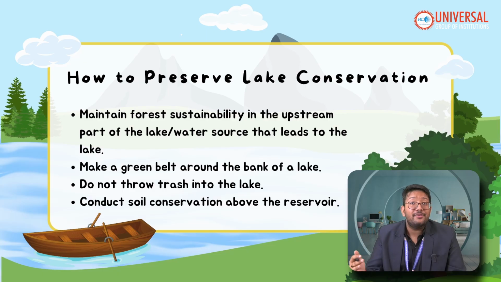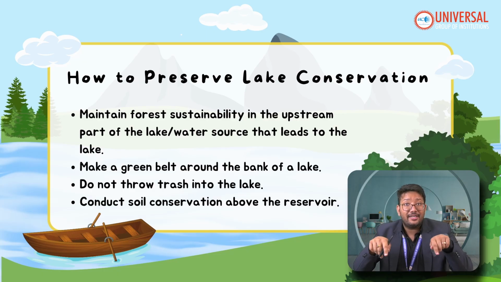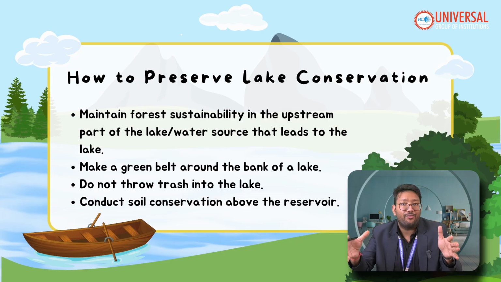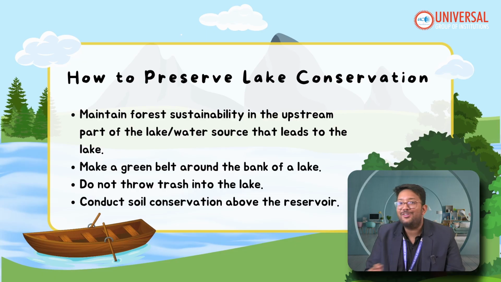We should plant trees so that they can handle the pressure of that water. Okay, and obviously we should not throw trash into the lake, and we should use soil conservation methods above the reservoir also. So basically we should preserve these lakes to maintain the ecological balance in the environment.